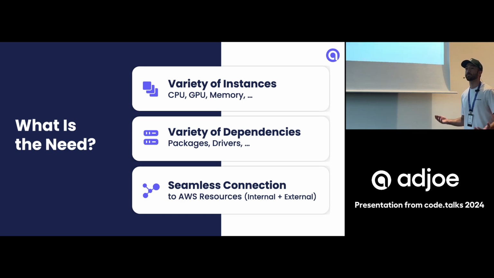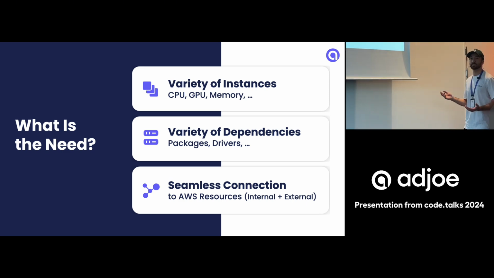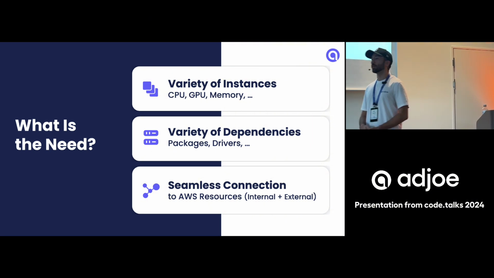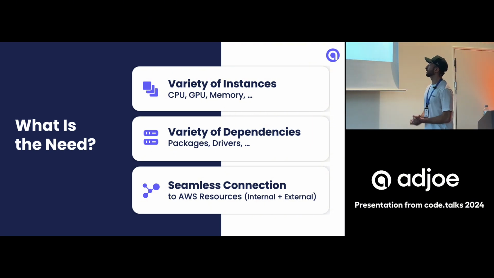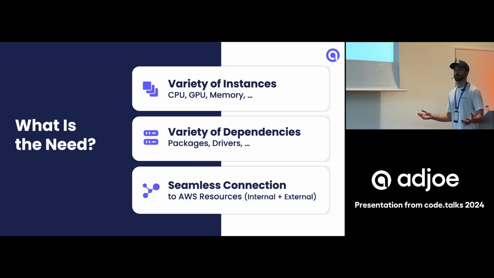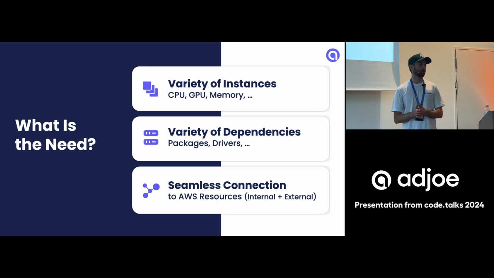For example, some of them have GPU workloads and need different drivers, different frameworks, TensorFlow, PyTorch, etc. Or they need, for example, Spark workloads, different frameworks again. So they need to be able to package their dependencies efficiently. And of course, we talked about wanting another AWS account, meaning that they need to be able to access different data lakes in order to train their models in different AWS accounts. That's what we are going to solve as well.